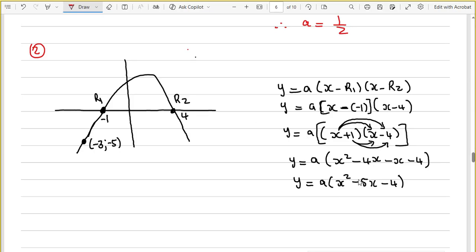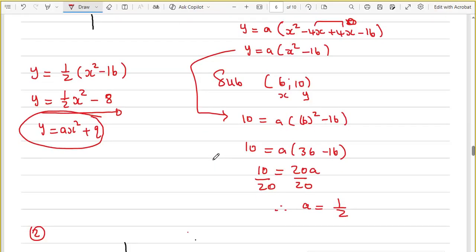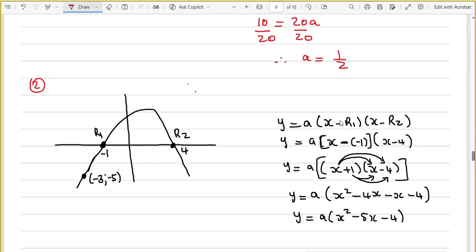I just created this now, so I'm just going to leave it like this because you can see this is different from what we were currently working on. It won't give us this form. You see? So I'm just going to leave it like this. The only thing I wanted you to pay attention to is the substitution and multiplying out the bracket, okay?